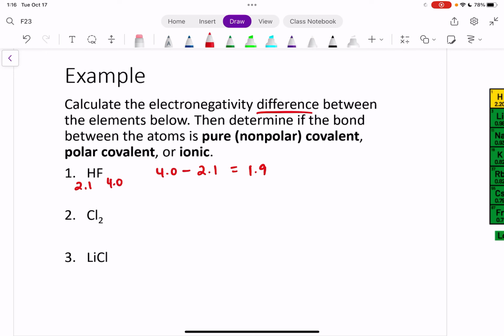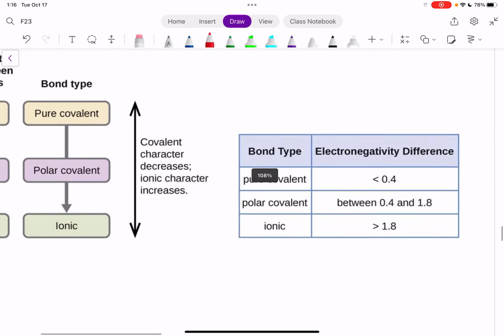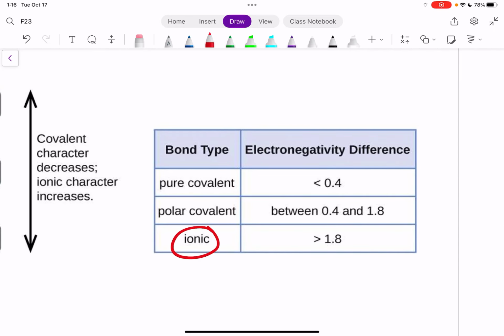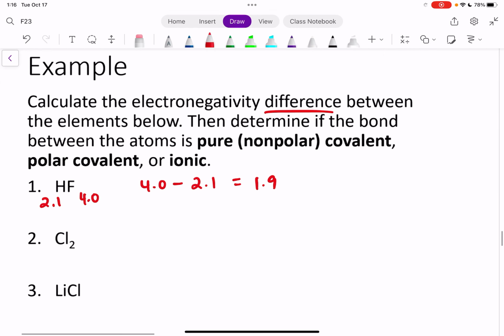Is that going to make our compound pure covalent, polar covalent, or ionic? Let's go up to our chart here. It looks like ionic is defined as anything greater than 1.8. So our compound here, HF, would be considered ionic.